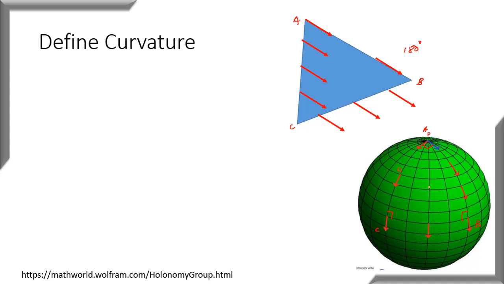Now consider another vector here and I parallel transport along a triangle which is drawn on a curved space. If I parallel transport this along the straightest path which is possible, remember, when you are a one-dimensional being living on this surface, the straightest path possible for you is a curved path.